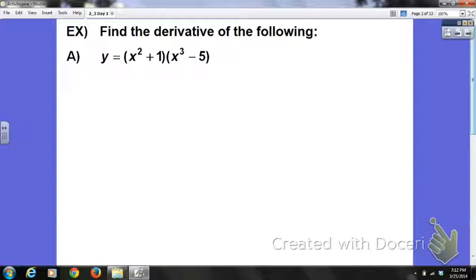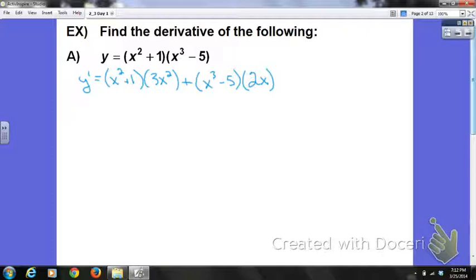So we're going to apply our product rule, which states that y prime is equal to the first function, which is x squared plus 1, times the derivative of the second, which would be 3x squared according to our power rule, plus the second function, x cubed minus 5, times the derivative of the first, which would be 2x.